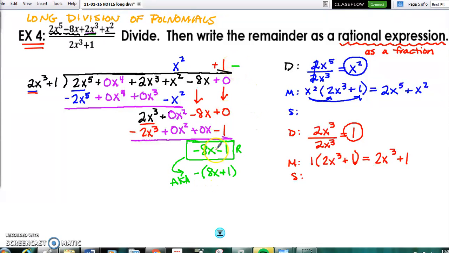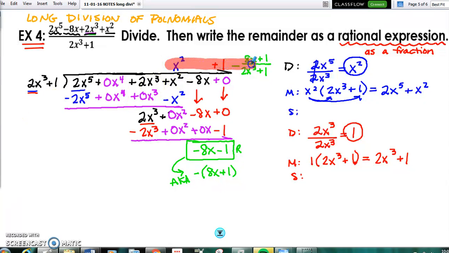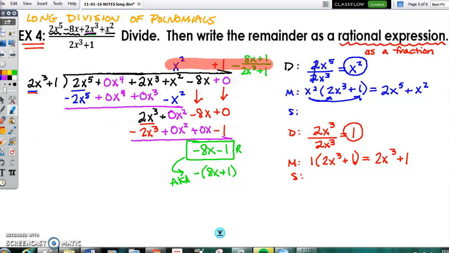So I'm going to put minus, that's the negative here, and then 8x plus 1 divided by 2x cubed plus 1. And there's our answer. Que bella. X squared plus 1 minus that crazy fraction. Cool?